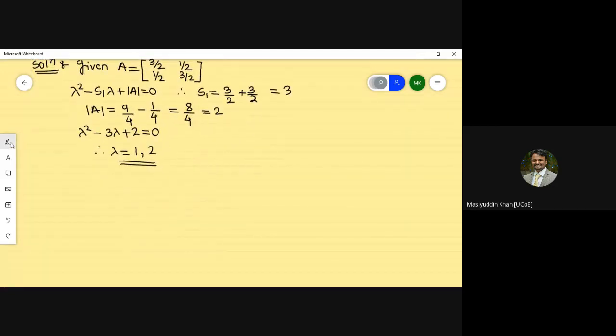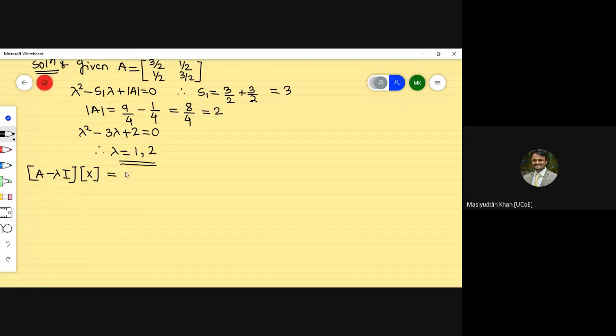Now see the next part. What we have to do is apply the same concept here: A minus lambda I into X is equal to 0.